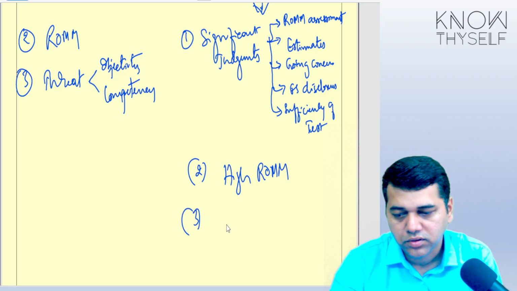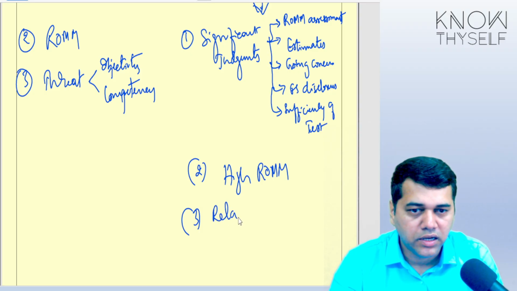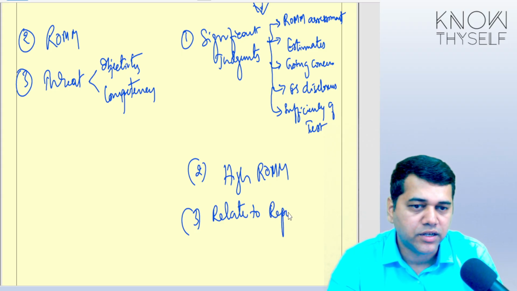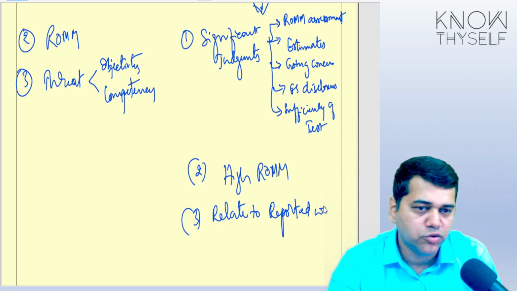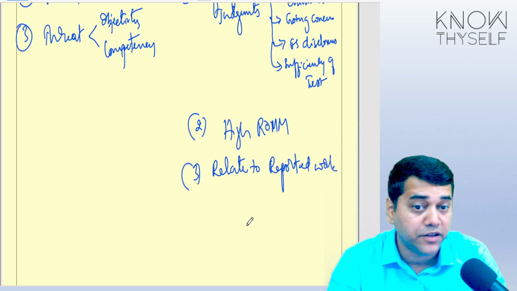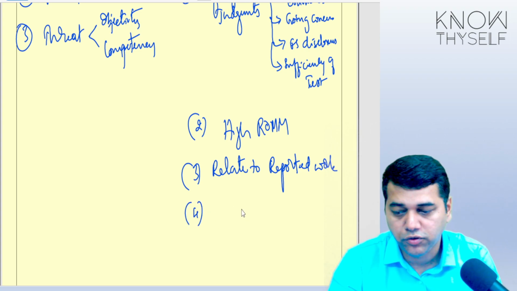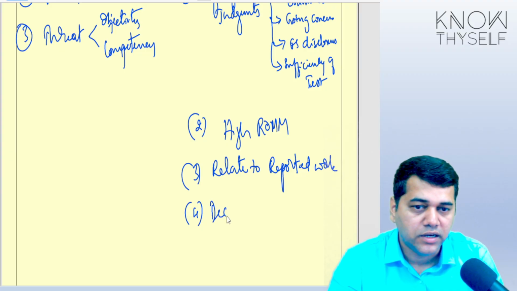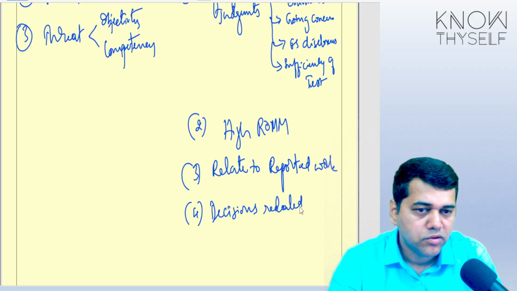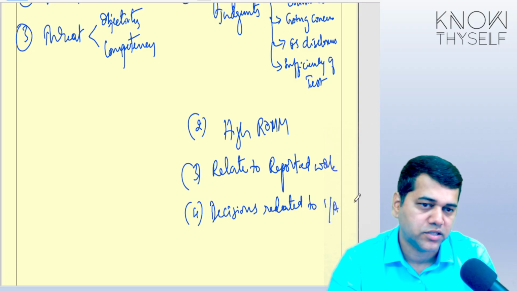Now, third, relate to reported work, I can say. That means to which they belong to. Whatever work they have already done, because it will have a self-review threat. And four, decisions related to internal audit.